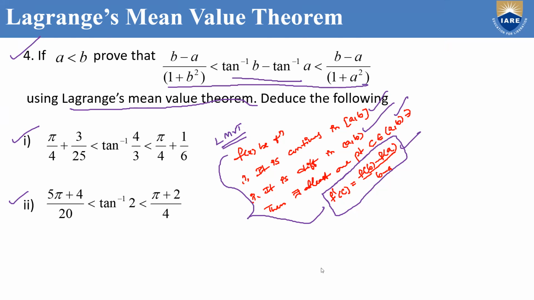Now we have to prove the given statement. Okay, so what is that question? b minus a divided by 1 plus b square is less than tan inverse b minus tan inverse a is less than b minus a divided by 1 plus a square.